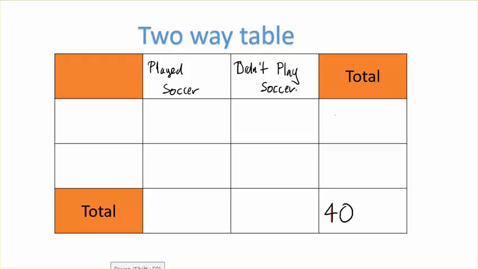Now it turns out that of those 40 people, 15 played soccer. And if 15 played soccer, how many didn't play soccer? 25. So 15 plus 25 does equal 40. The other thing I did was I found out of those same 40 people who played netball and who didn't play netball.